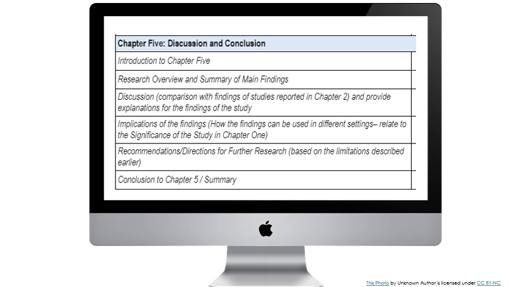The second one is the research overview, which is the summary of main findings. The third one is the discussion, comparison with findings of studies reported in chapter 2, and providing explanations for the findings of the study. The fourth one is the implications of the findings, right? How the findings can be used in different settings, relating to the significance of the study in chapter 1, and then recommendations or directions for further research, as well as conclusion to chapter 5.